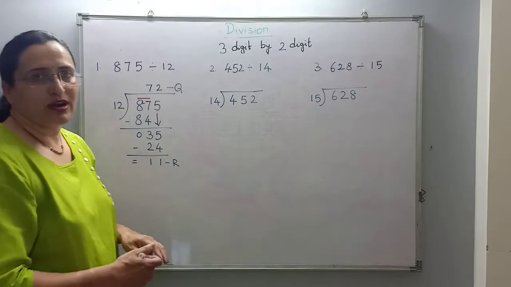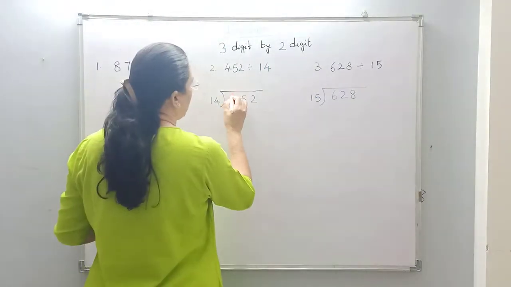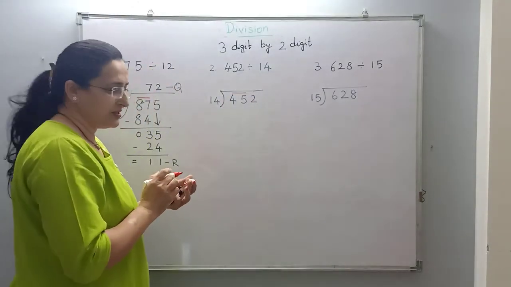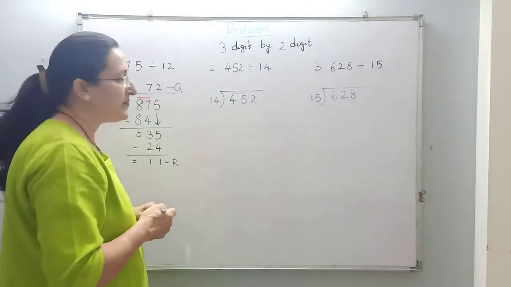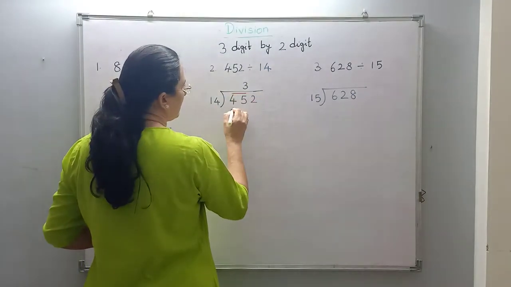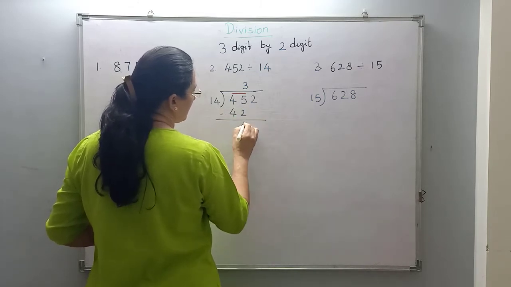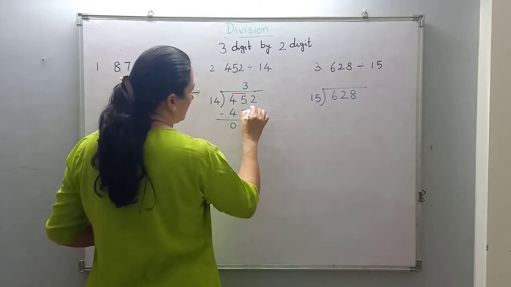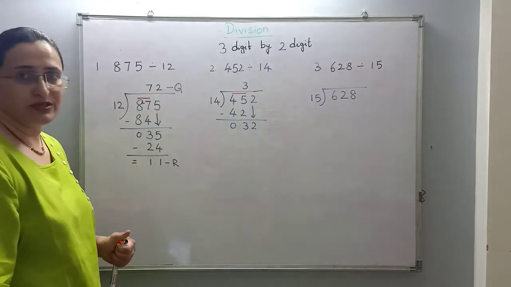Let us go for another sum. Again the same thing, I am going to put a line on 45 so that we understand we have to divide 45 together. Now it's 14 threes are 42. 3 remains. We are bringing this 2 down.